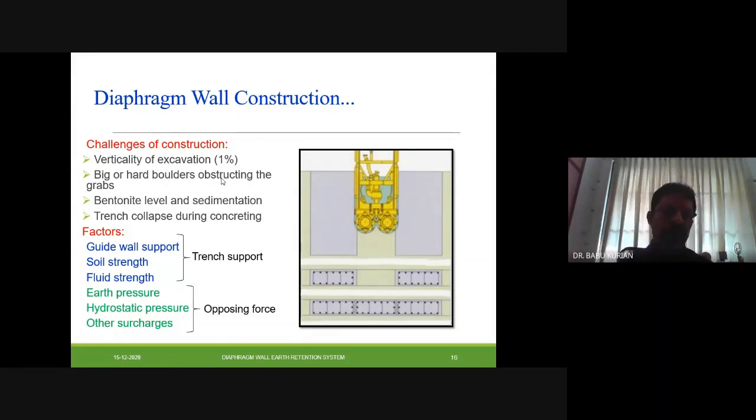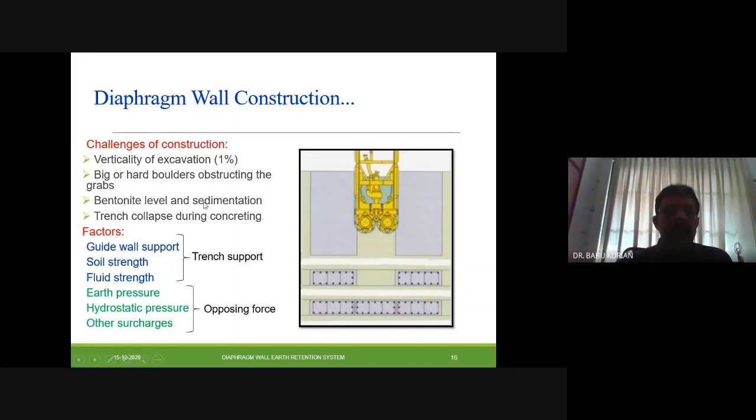Again, this is the bentonite level, and we have to maintain that bentonite level. We have to avoid the sedimentation of the bentonite. If sedimentation takes place, the purpose won't be served. The purpose of the bentonite is to keep the sides of the excavated portions intact.